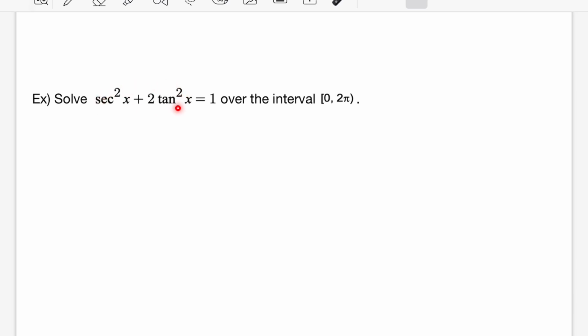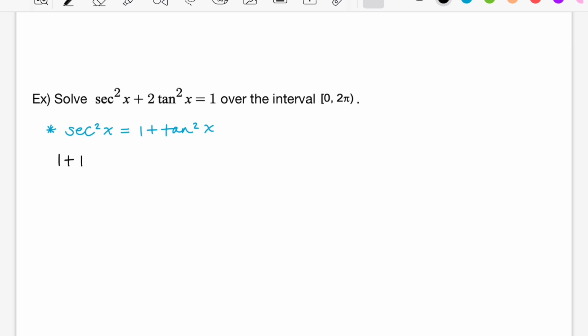So in this case, we want to solve this guy over this interval. Now, this is going to be a quadratic equation here, but this is where our trig identities come in handy. Remember, secant squared x is going to be equal to 1 plus tangent squared x. So we can rewrite this guy in those terms, and our entire equation will be just in terms of our tangent function.